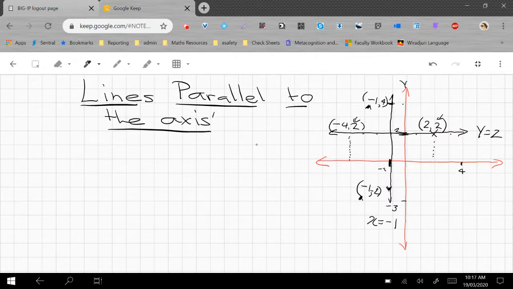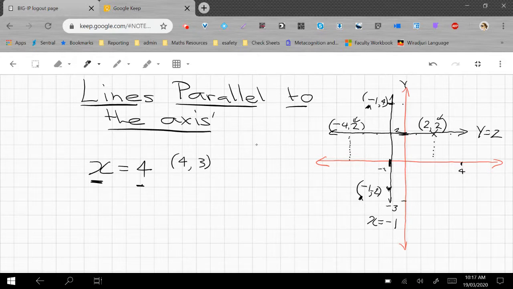So if I was to graph the line x equals 4, that would mean that for all points, the x would be equal to 4. So regardless of what the y is, the x would be 4. So if I was going to graph the point (4, 3), the x is 4, the y is 3.